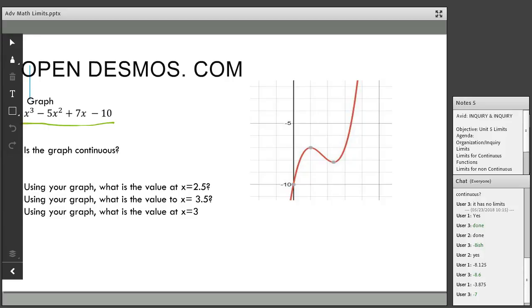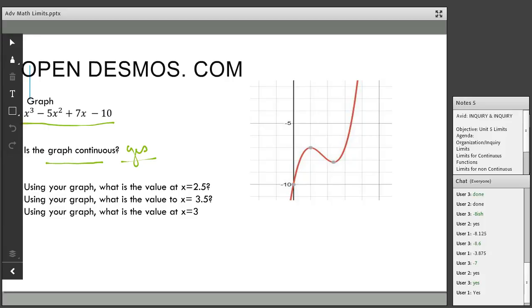Okay. Now, when you're looking at limits, tell me, is this graph continuous when you graphed it? Did it look continuous? Were there any gaps, holes, breaks in the graph? It's continuous. Perfect.